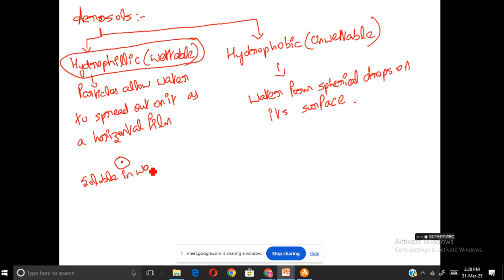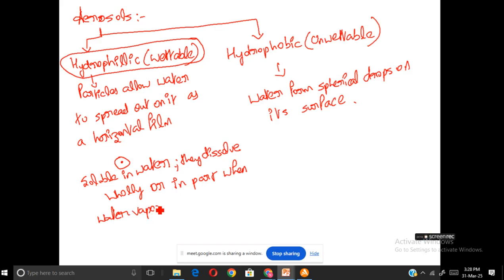Some of these particles are soluble in water as well. So they dissolve wholly or in part when water vapor condenses onto them. Either it will dissolve completely or partly when water vapor condenses onto them, and it will basically form a solution.